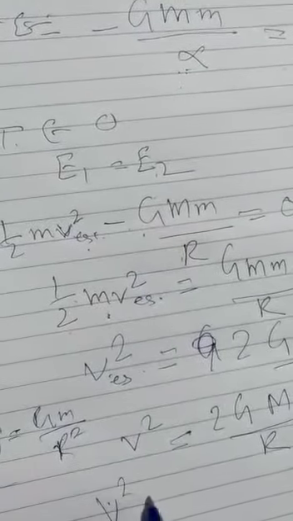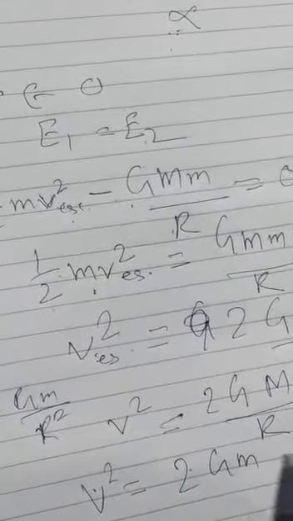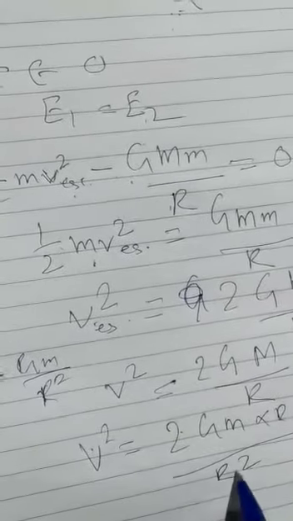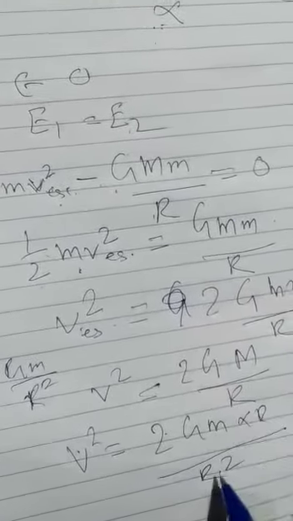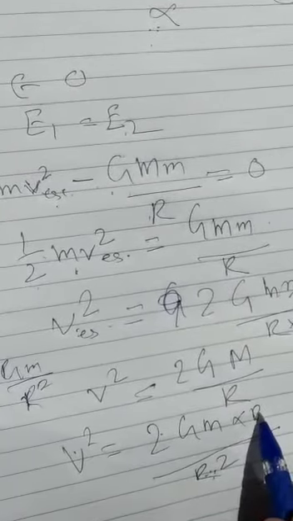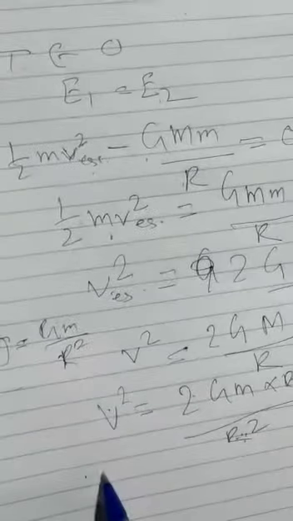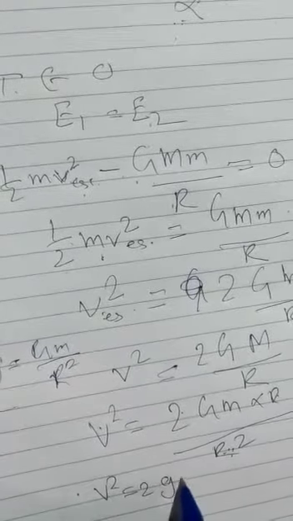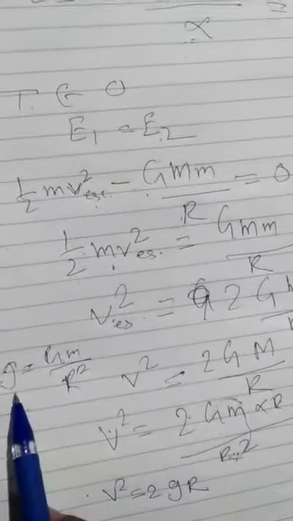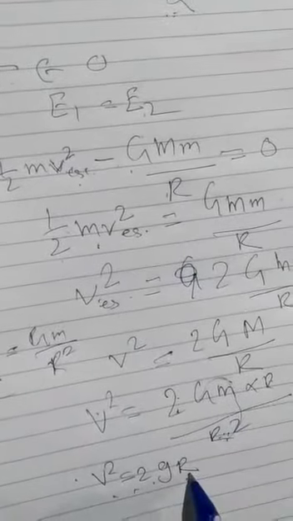Put here v square equals 2GM into r upon r square, multiplying numerator and denominator by r. Since GM upon r square is small g, it will make v square equal to 2gr.